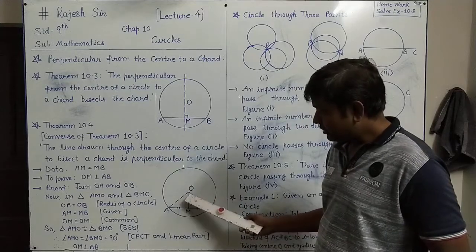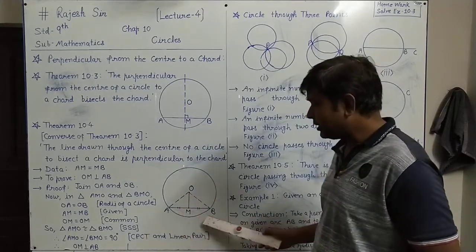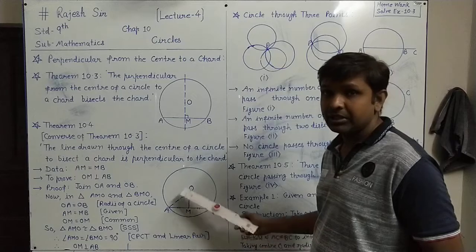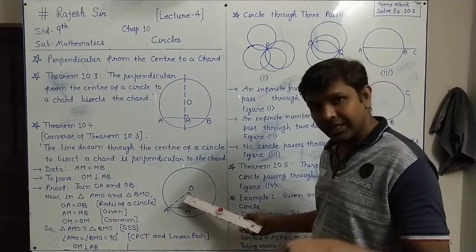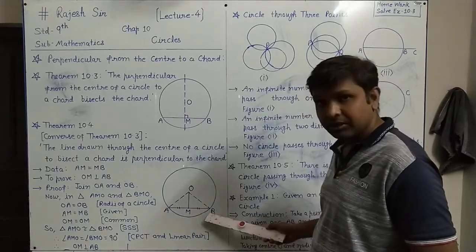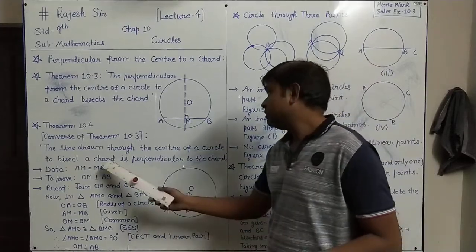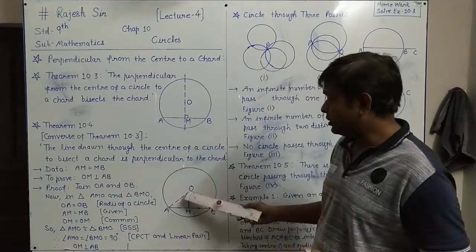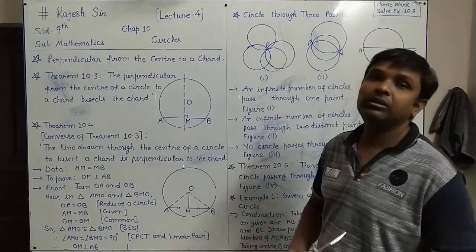This line passing through the center and bisecting the chord is given. Then it is perpendicular to the chord.